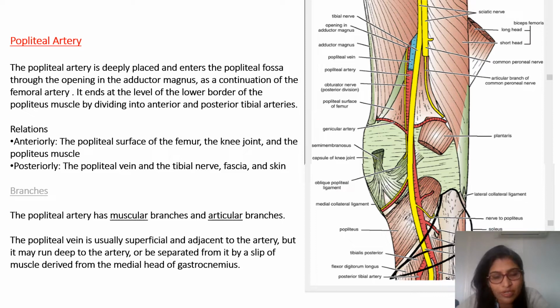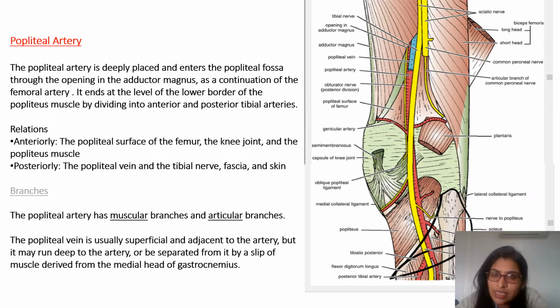If we talk about the relations, anteriorly it is related to the popliteal surface of femur, knee joint and the popliteus muscle. Posteriorly, it is related with the popliteal vein, the tibial nerve, fascia and skin. And if we see about the branches of the popliteal artery in the popliteal fossa, it has muscular and the articular branches.